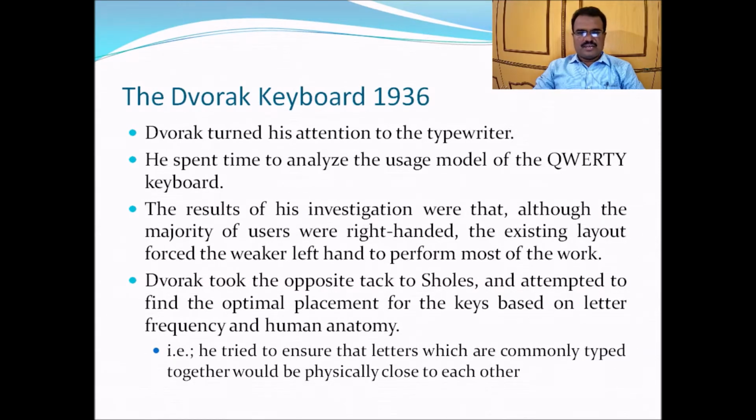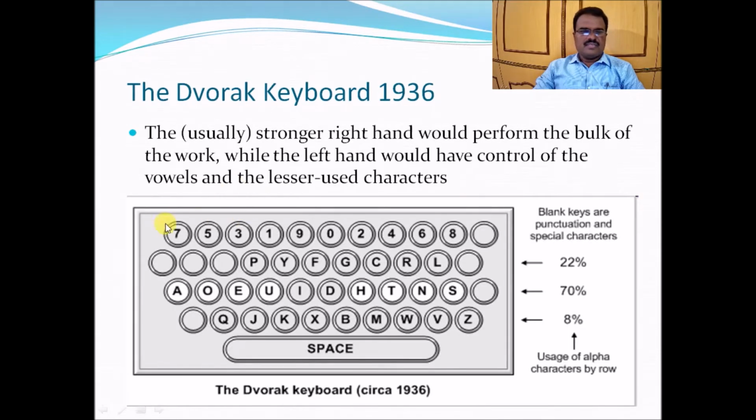Dvorak took the opposite approach to Scholes and attempted to find the optimal placement for the keys based on letter frequency and human anatomy. He tried to ensure that letters commonly typed together would be physically close to each other. This is the Dvorak keyboard of 1936.